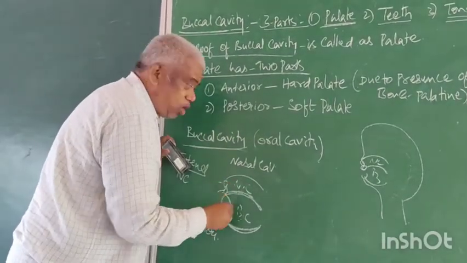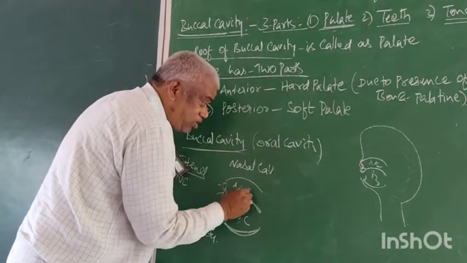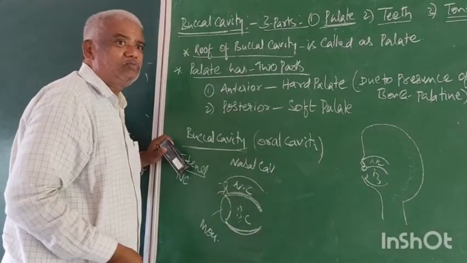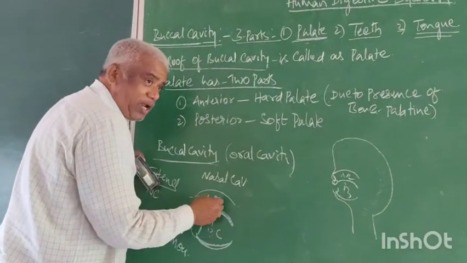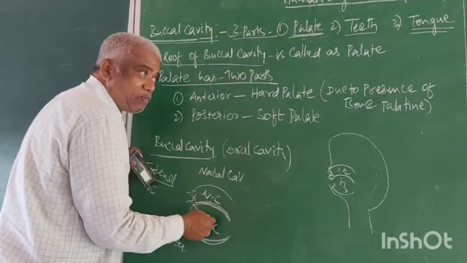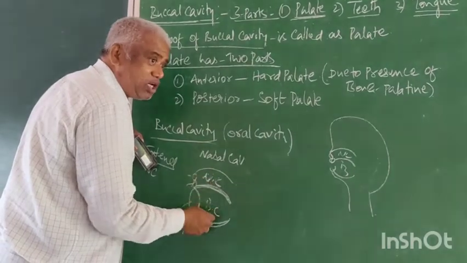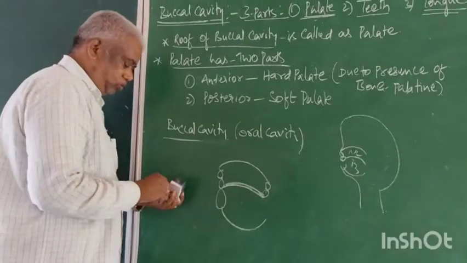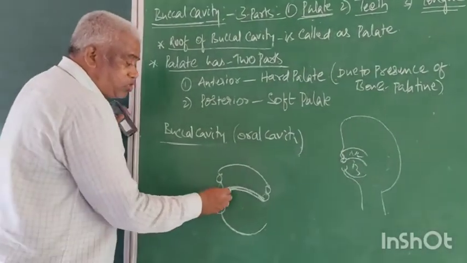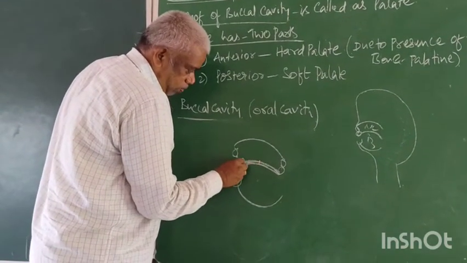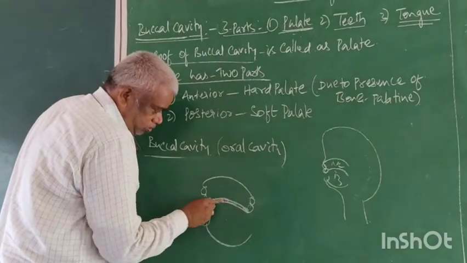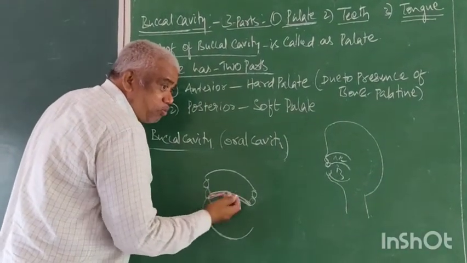At that time, the floor of the nasal cavity is also called the palate. So the palate is the separation between the nasal cavity and the buccal cavity. This is called the palate. Suppose this part of the palate, only this part: is it anterior or posterior?